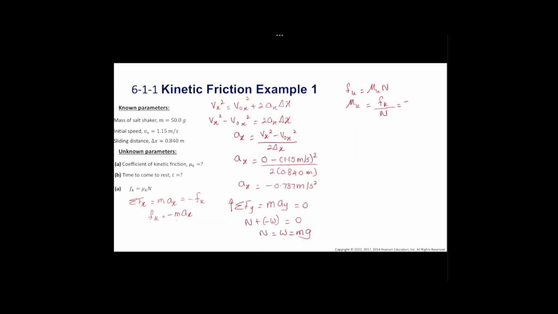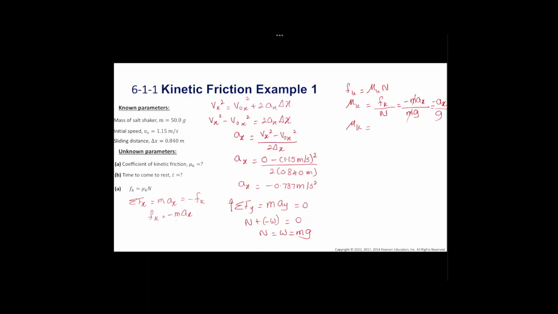So it is negative mass times acceleration, and normal force is mass times gravity. So the mass cancels, and it is negative acceleration over gravity. Therefore we can substitute the values.